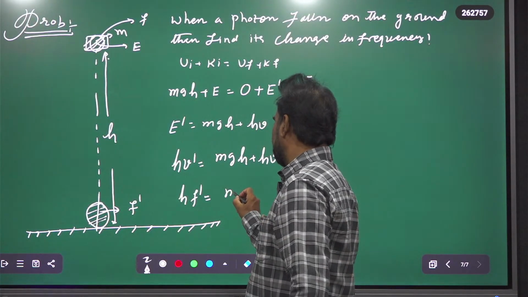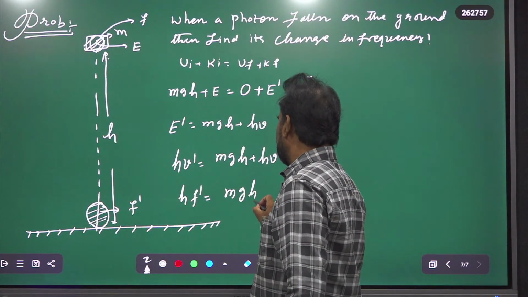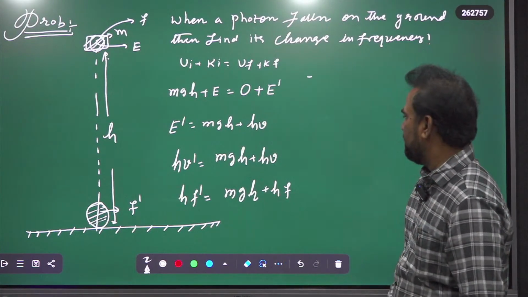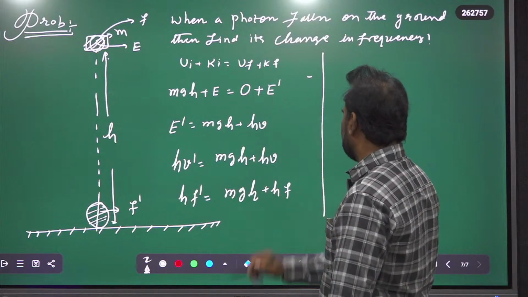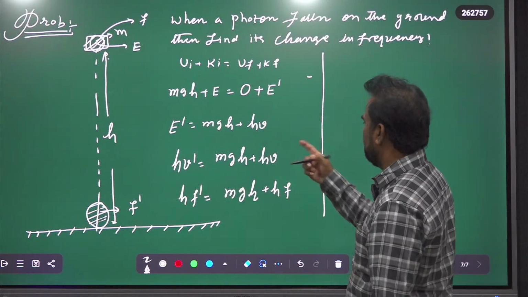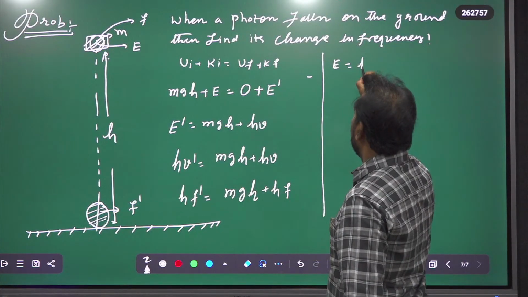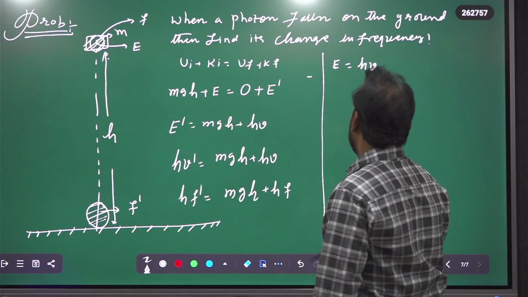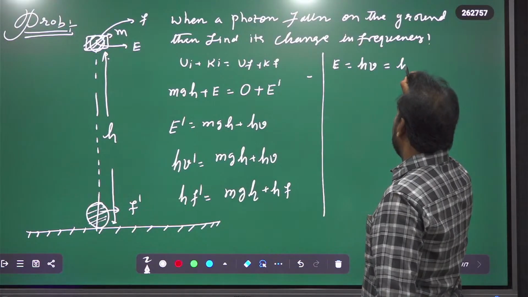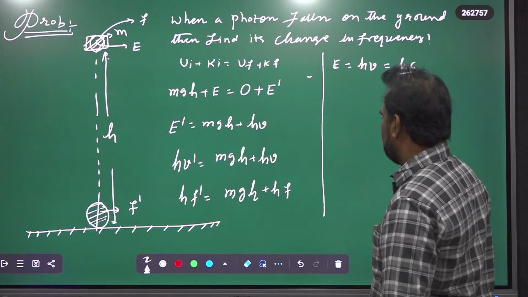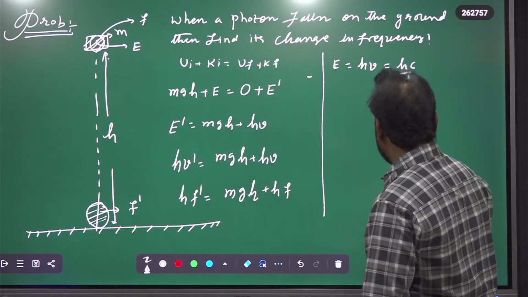That is mgh plus hf. Is it clear? But the energy of the photon is given by E is equal to h nu, that is equal to hc upon lambda, that is equal to mc square.